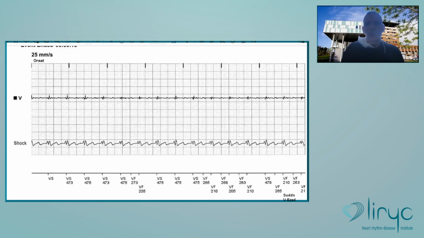In this case, when I saw this tracing, I was thinking maybe it's a right atrial lead dislodgement inside the right ventricle, or the other way around, a right ventricular lead dislodgement inside the right atrium, in case of atrial fibrillation or ventricular fibrillation. And in this situation, it was a dislodgement of the right ventricular lead. But I think that if it had been a dislodgement of the right atrial lead inside the right ventricle with ventricular fibrillation, the aspect would be exactly the same.